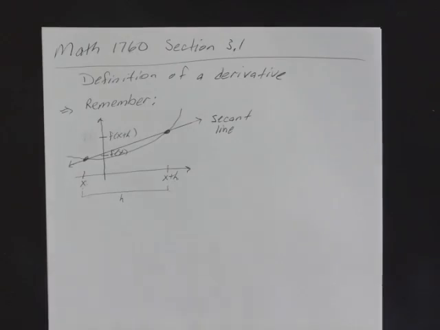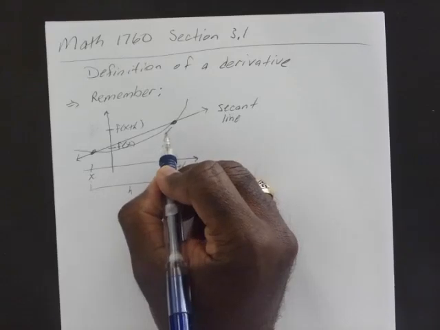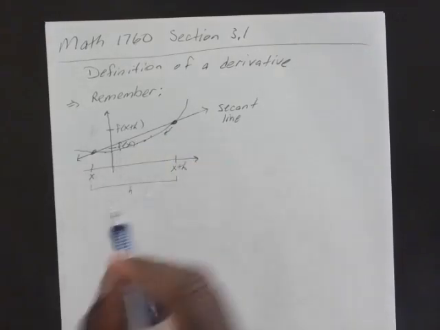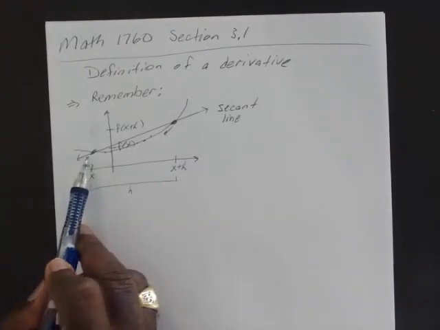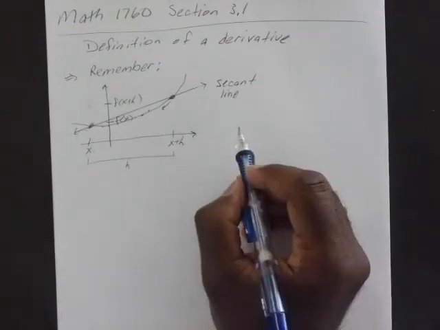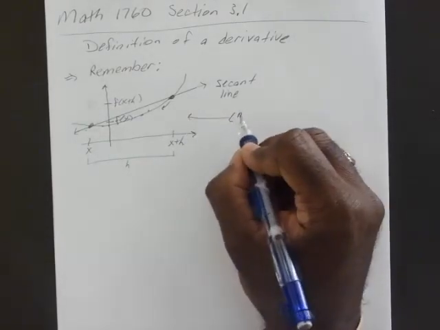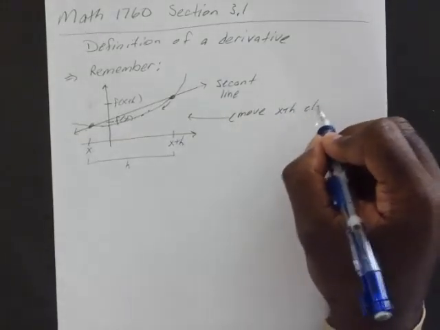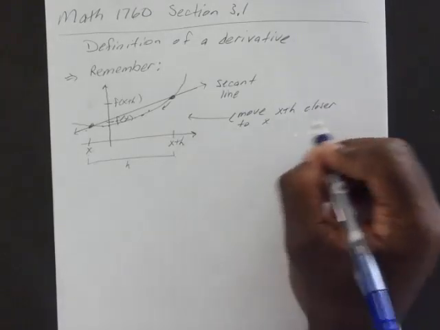Okay. So then if we move x plus h closer and closer, so we get this point and just keep moving it closer and closer till it's almost infinitely close to x, and it's getting closer and closer than that. So we just go ahead and move x plus h closer to x.